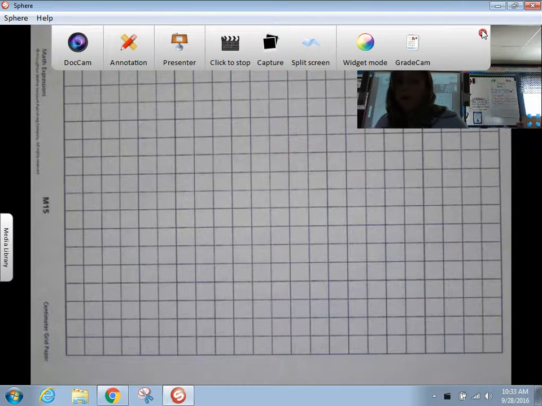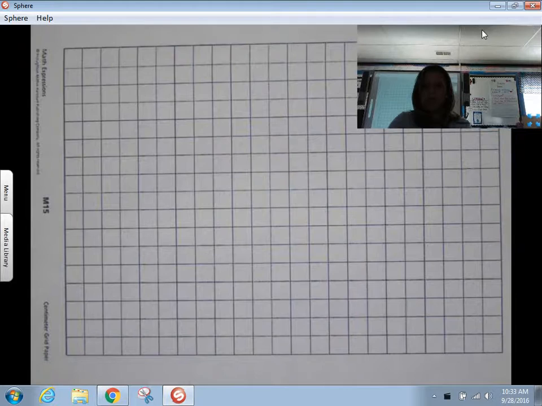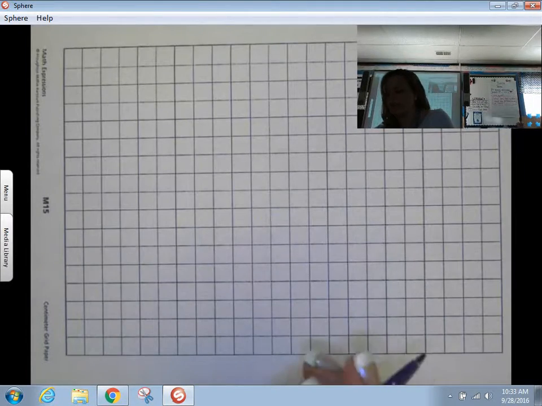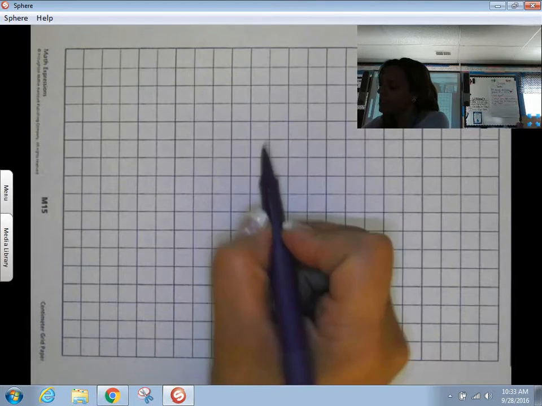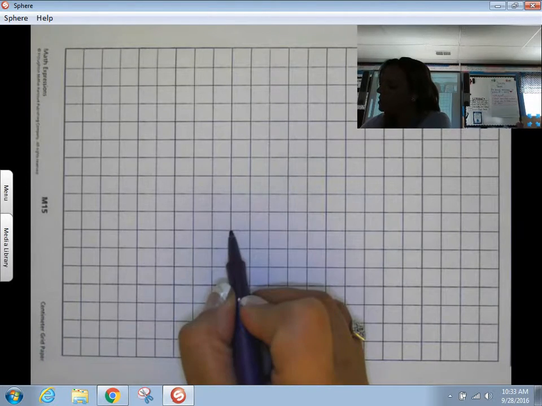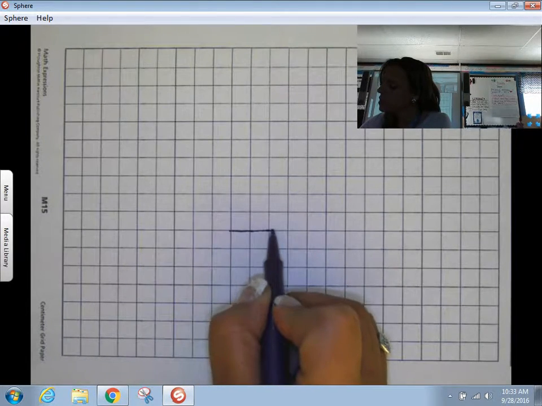Thank you. Alright, guys. So, to start out today, we are finding the area of a parallelogram. So we're going to start with a parallelogram that is 4 centimeters long. So 1, 2, 3.